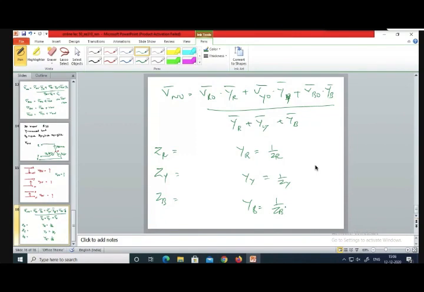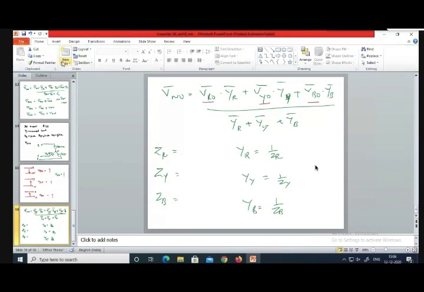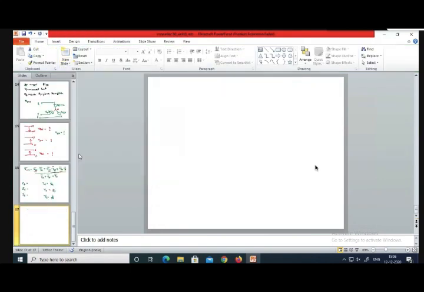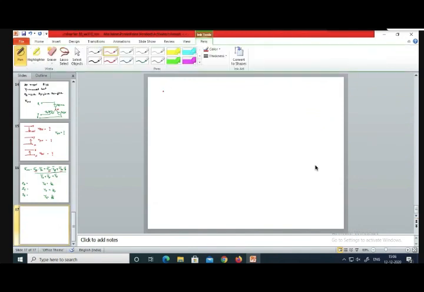So what do you have to find in this formula? You have to find VRO, VYO, and VBO. What are those? That is the next question. These are again phasors.